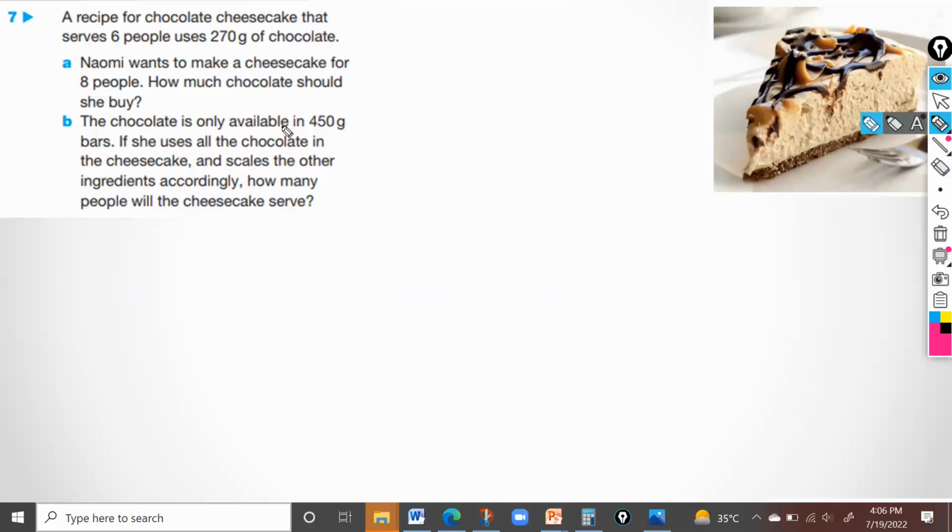The chocolate is only available in 450 grams bars. Now, again we know mass of chocolate is equal to people over K, or people equals K times mass. So here, where was K? K was equal to people over mass, means 6 upon 270.